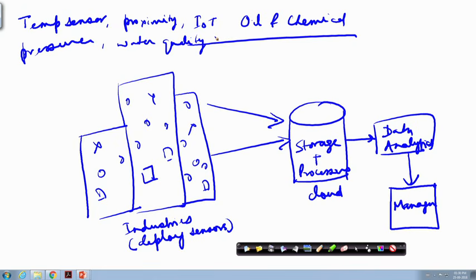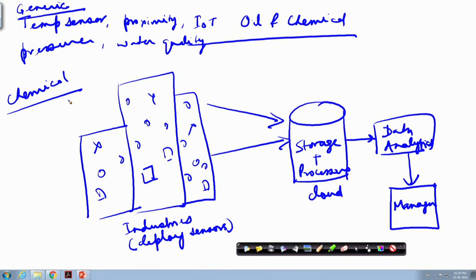So, these are the different types of sensors, and also some specific chemical sensors could also be used. So, these are the generic sensors, and some chemical sensors could be used.